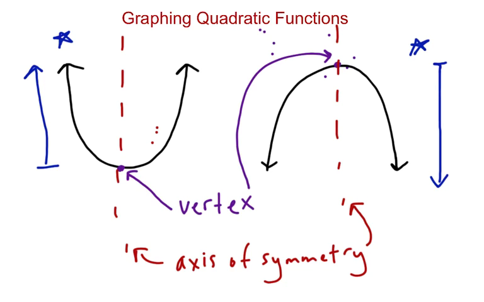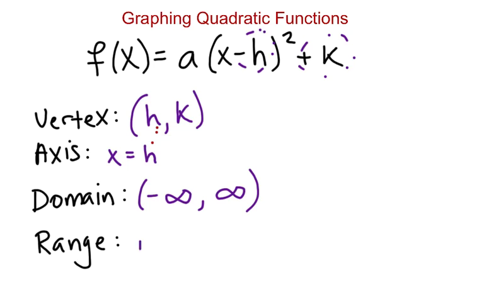So the way we know if our graph is facing up or down is dependent upon our a value. So I'm going to say this: if a is greater than 0, it means our graph is facing up. So then the range would be k to infinity.